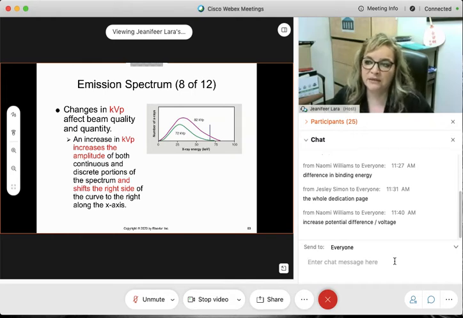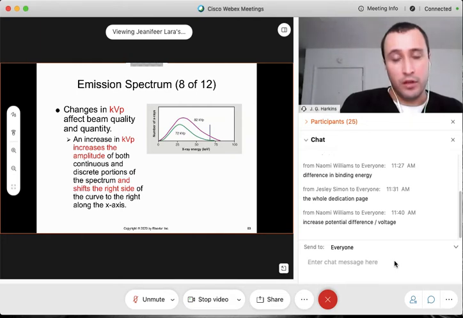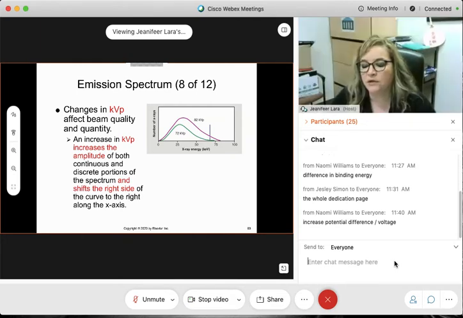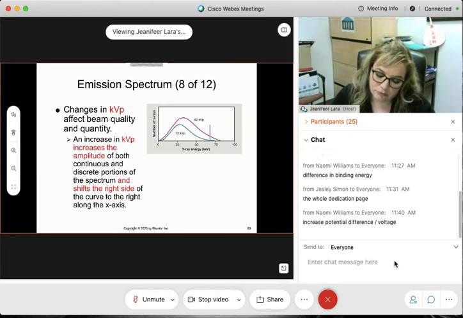Would you say that is adding to the quantity of photons inside of the X-ray beam? If I introduce one K characteristic photon, is that increasing the quantity of the beam? I would say yes.